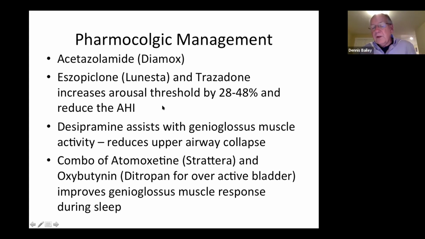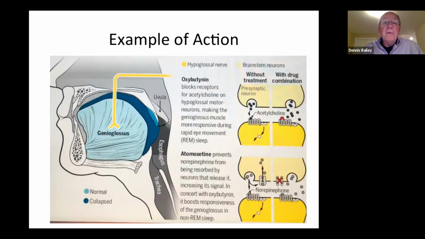So there's a lot of research, a lot of publishing going into the actual use of pharmacology to manage or to control sleep apnea. And they looked at these medications, and basically their effect is on the genioglossus, mainly through acetylcholine and norepinephrine channels. And that's why there's combinations, because one works on acetylcholine and the other works on norepinephrine.